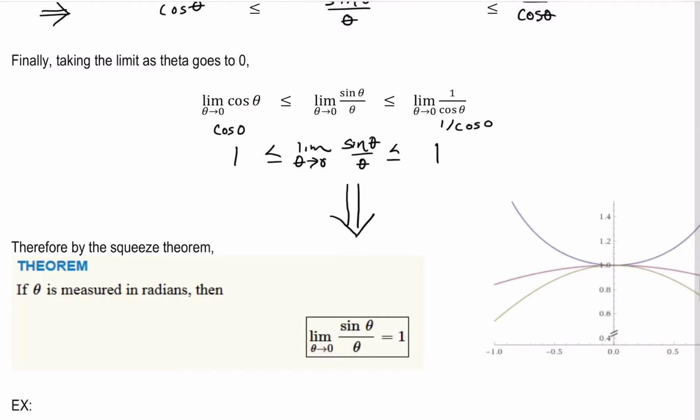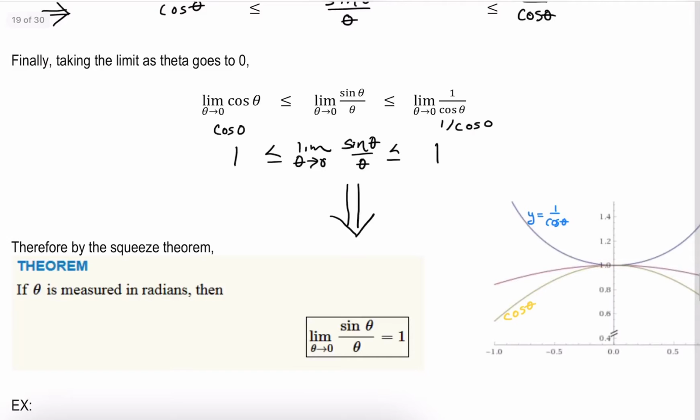And you also have a graph showing that visual of the Squeeze theorem taking place. On the right-hand side, when you look at this graph, this is the function 1 over cosine theta, and this function here is just the function cosine theta.